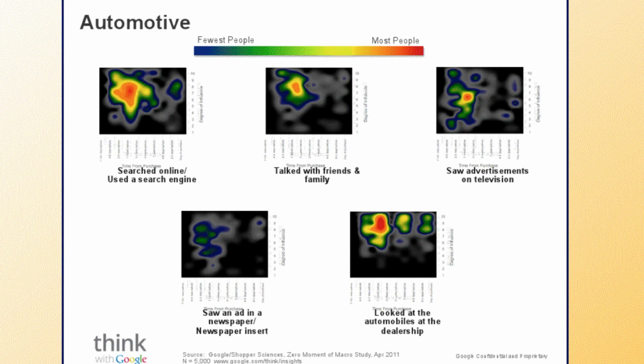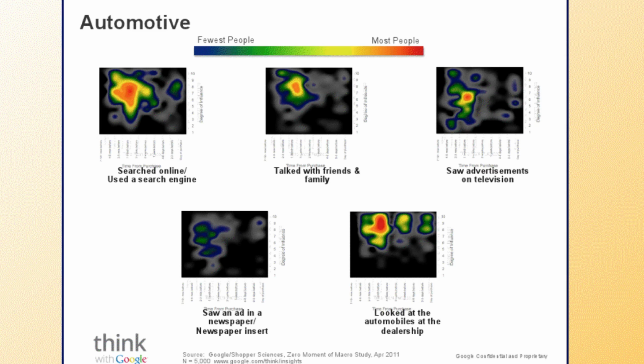So what this would indicate to us is that the purchase process for an automobile starts 6 months to a year out. That search engines are used very frequently to gather information at that point, and they're very influential, as are family and friends. At that point, there is some importance attached to advertisements on television. Now, these are the ones that might move you from that.